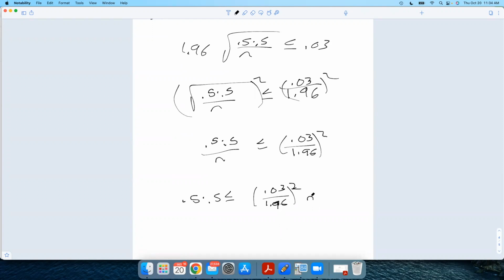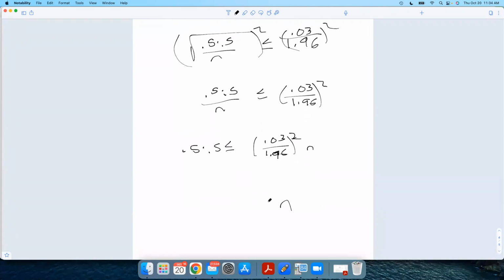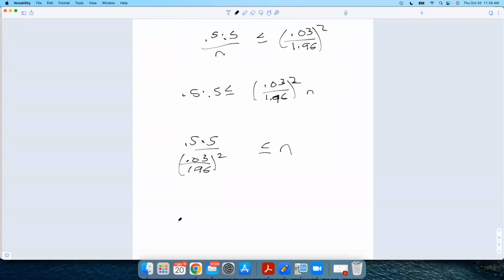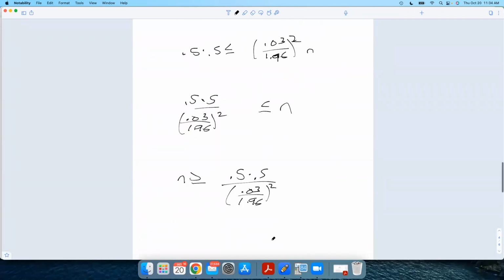And then that number is multiplying in, so to get n by itself, divide it over. So n needs to be bigger than whatever this is. I'm going to write that the other way so that it looks prettier to you. So n needs to be bigger than or equal to this number right here.